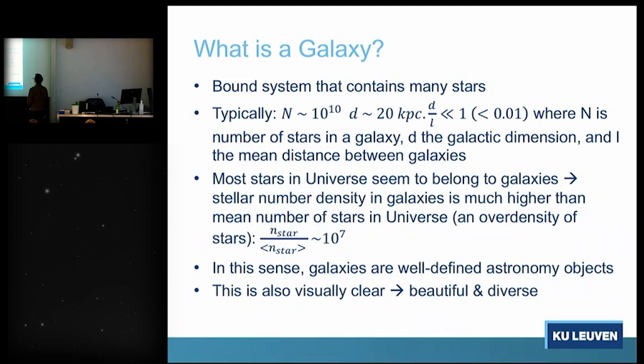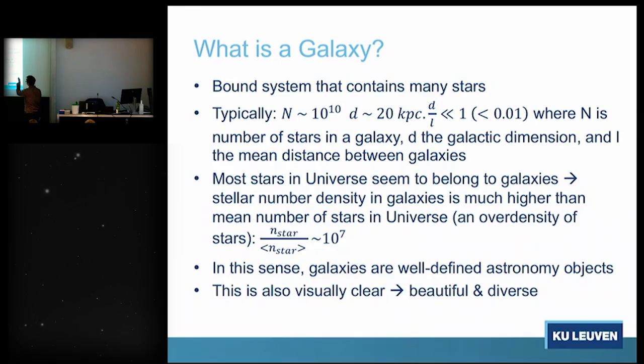Another thing is that I say it contains many stars. This is important in the sense that typically, when we think about galaxies, stars provide the main source of luminosity, of radiation that we see. That's true for normal galaxies. As we will see, this is a little different when we go to the class of active galaxies.